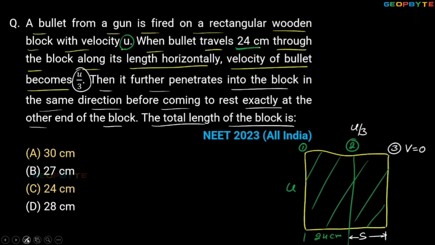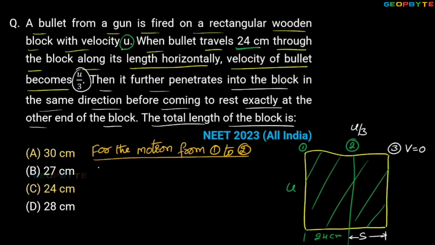For that, let us consider the motion from 1 to 2. Here v square minus u square equals 2as. That is the formula.